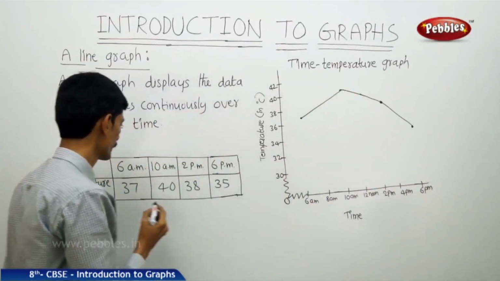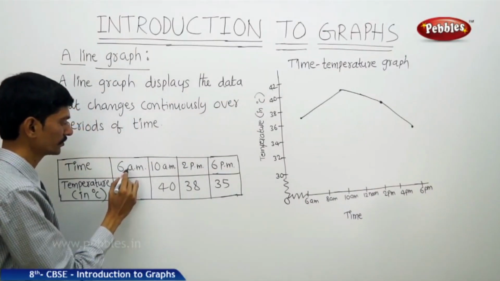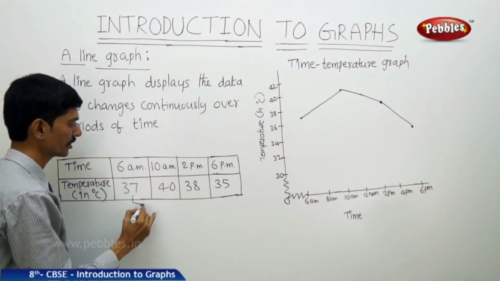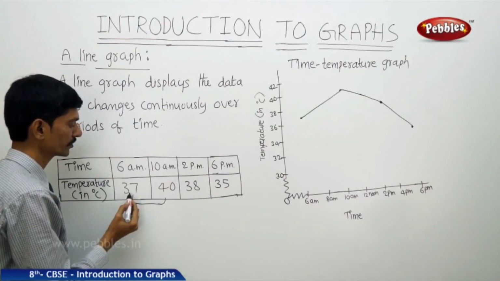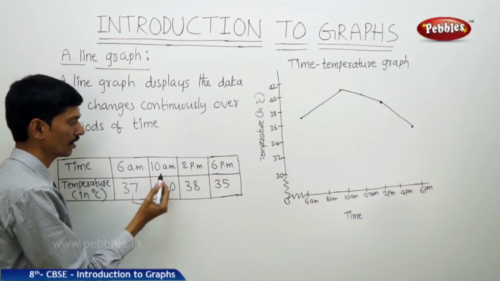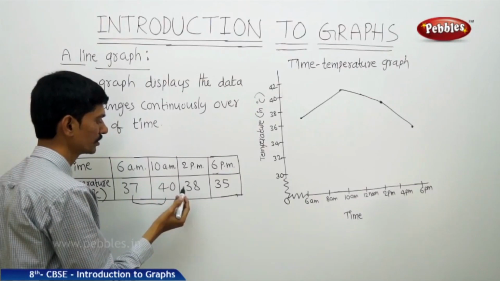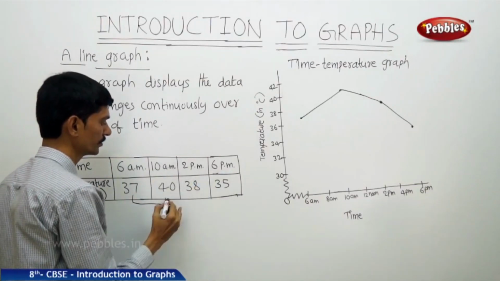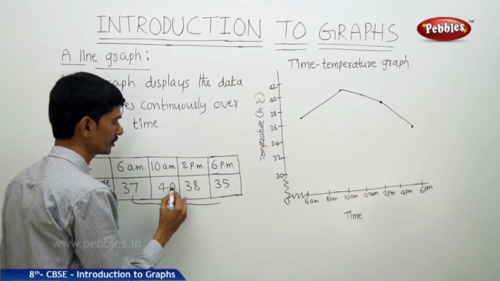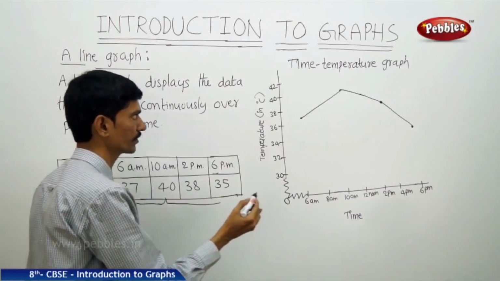In the table also you can see that from 6 a.m. to 10 a.m. the temperature was increasing from 37 to 40 degrees centigrade, and since then it was decreasing, 40 to 38, then 38 to 35.